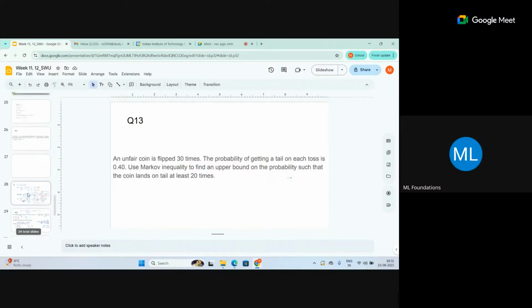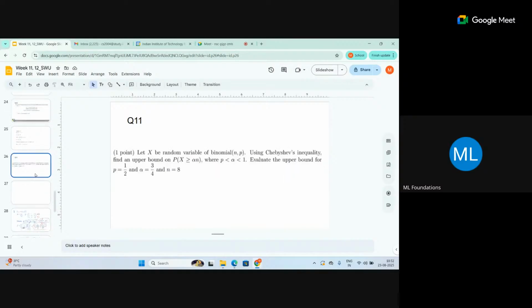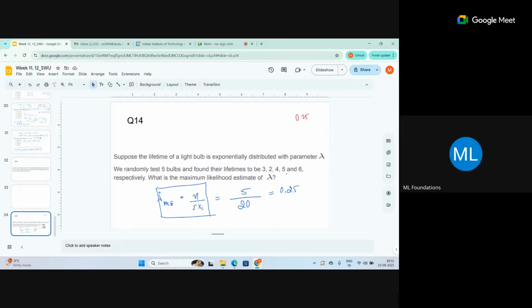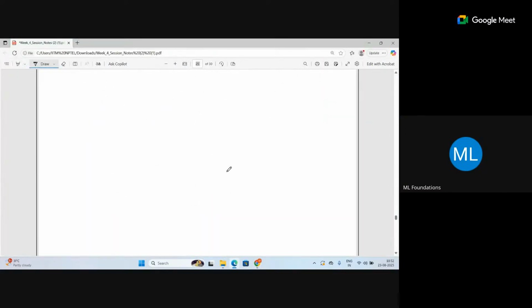Okay, maybe we can see some of the problems from Chebyshev inequality. You remember Chebyshev inequality and Markov inequalities, or no? Do you know how to find the maximum likelihood? This method, you know it. Maybe I'll just describe it in a bit, and then maybe we can see the solution for that.